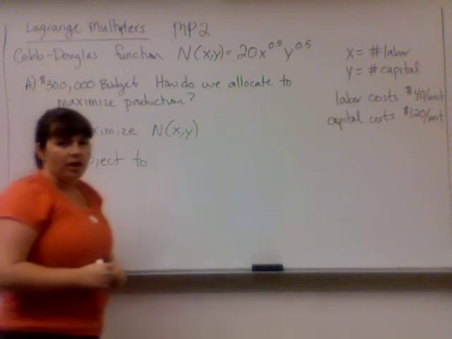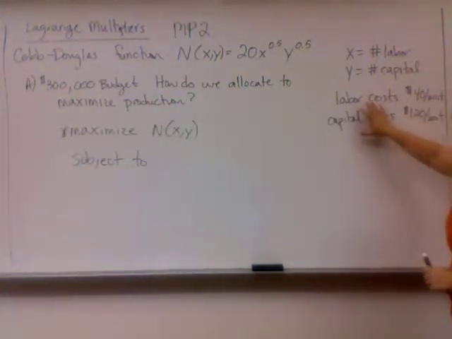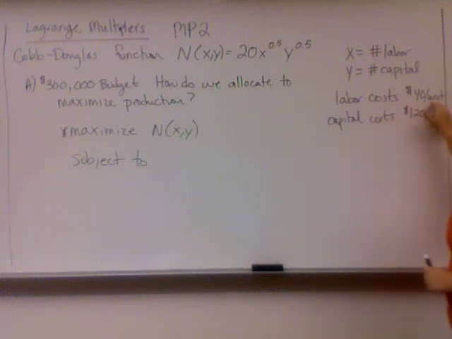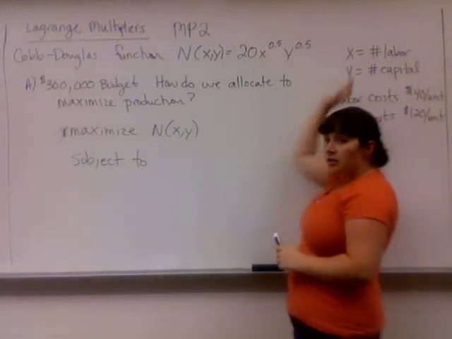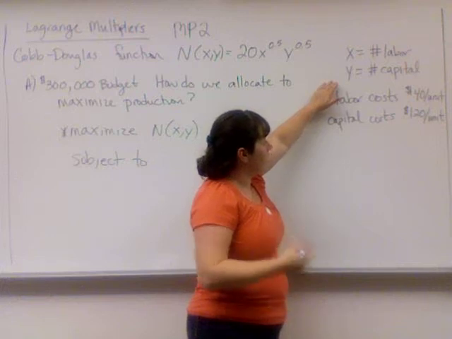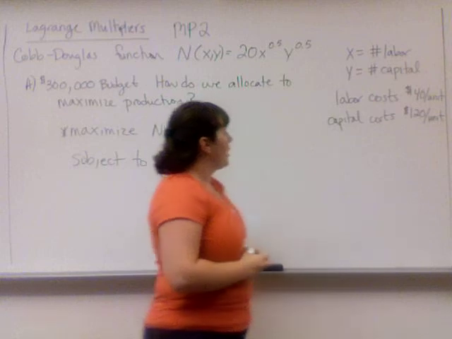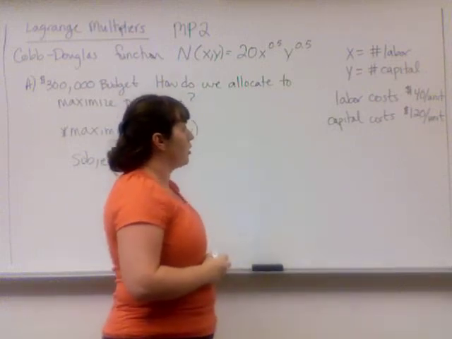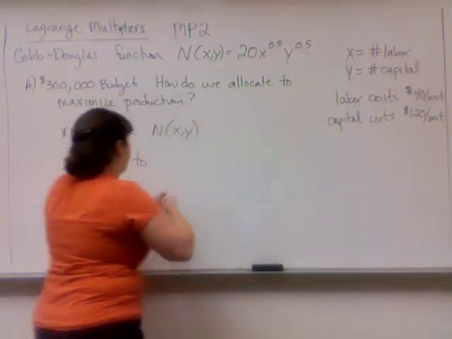We have to incorporate that budget situation into our costs, because we know that each unit of labor costs $40 and each unit of capital costs $120. If we're using x units of labor and y units of capital, then we can figure out just how much we're spending. The total cost to produce x units of labor and y units of capital will be the following.